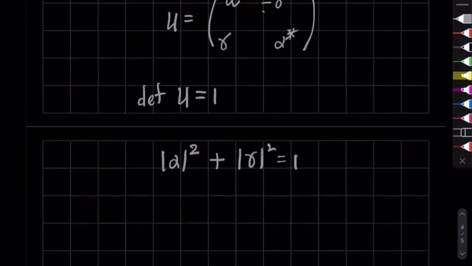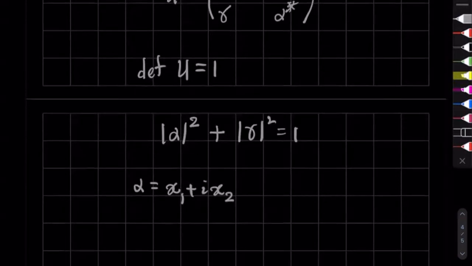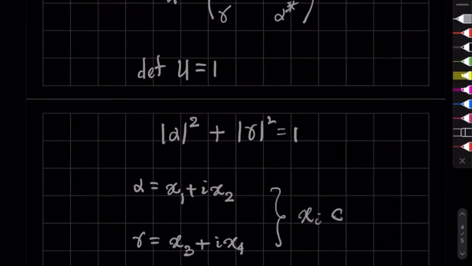But alpha is a complex number, so I can write it in terms of 2 real numbers, x1 plus i x2. And gamma is also a complex number, I can write it as x3 plus i x4, where all these xi's are real numbers.